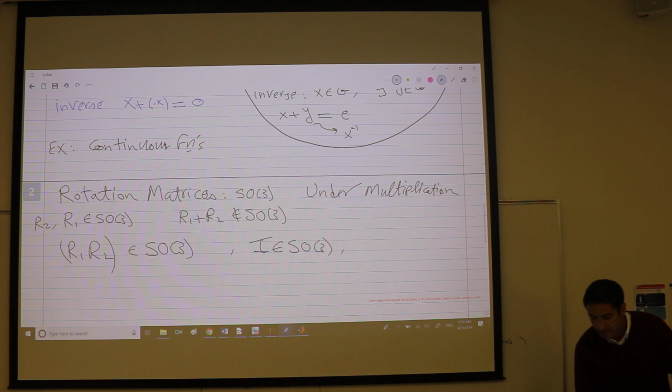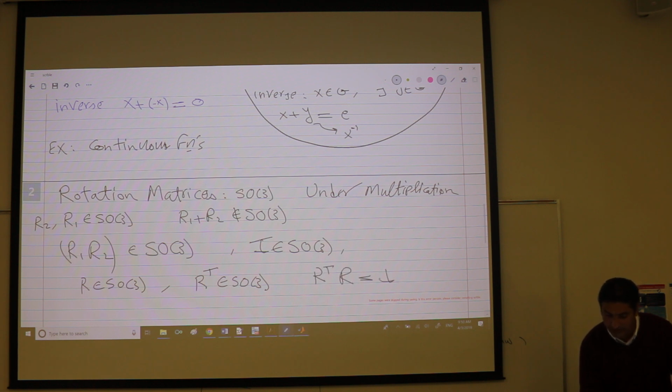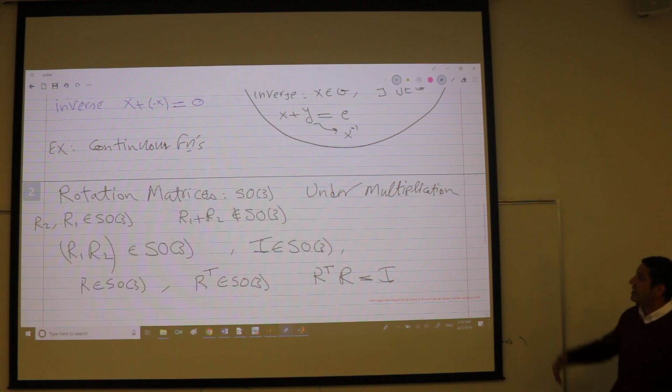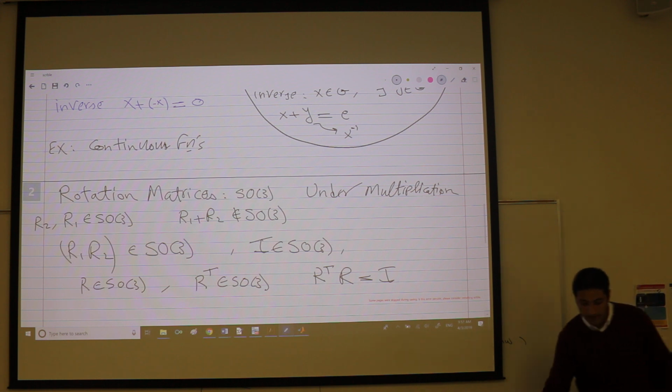For any R in SO3, I can give you its inverse. Actually, its inverse is the transpose. The transpose is in SO3, and if you multiply them together, you get back the identity element. So it satisfies all the axioms of a group. It's a group, so it behaves like integers. You should view rotation matrices as integers, just a bunch of numbers, right?